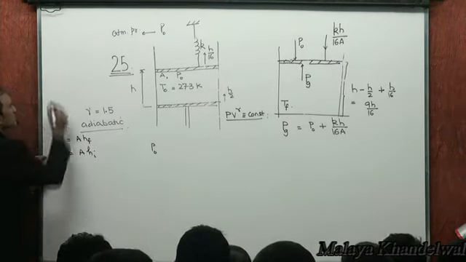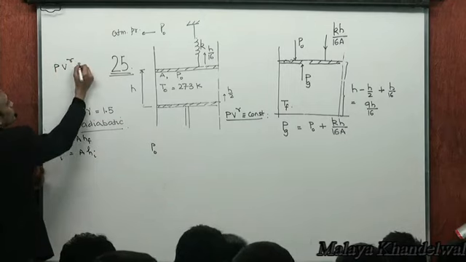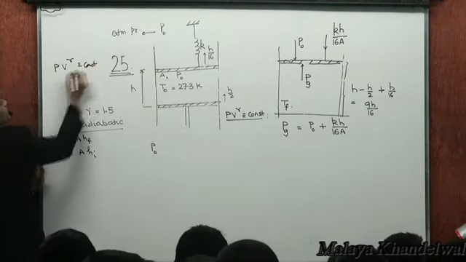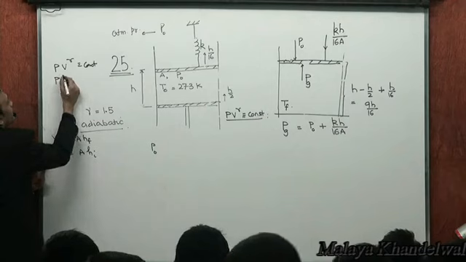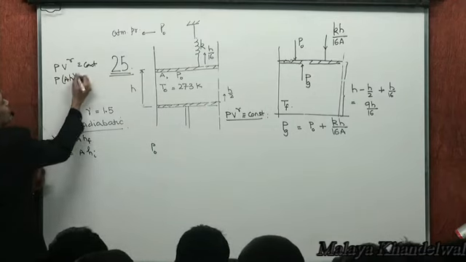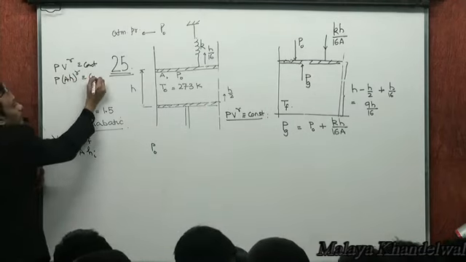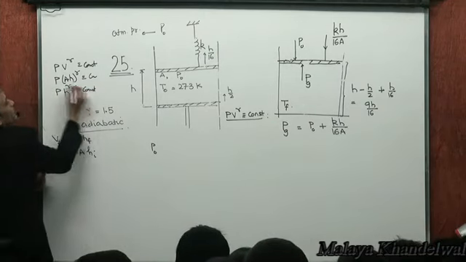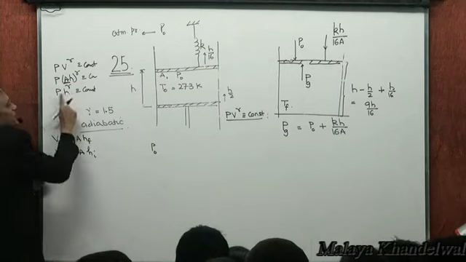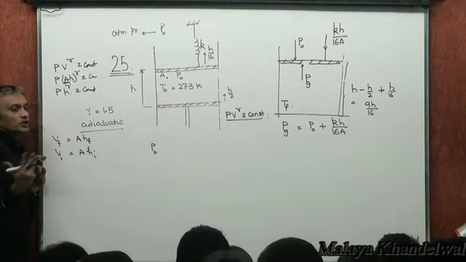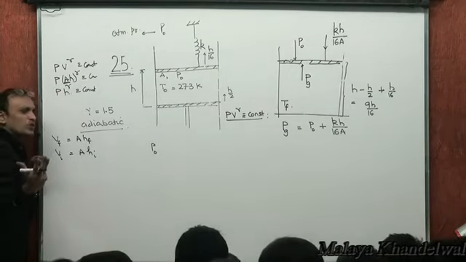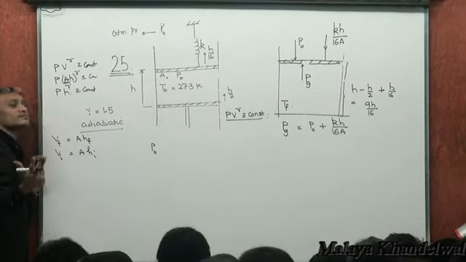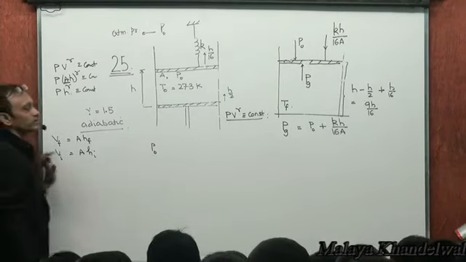So P into A into h to power gamma equal to constant means pressure into height to power gamma equal to constant, because A is a constant. That is an equivalent statement of PV to power gamma equal to constant.